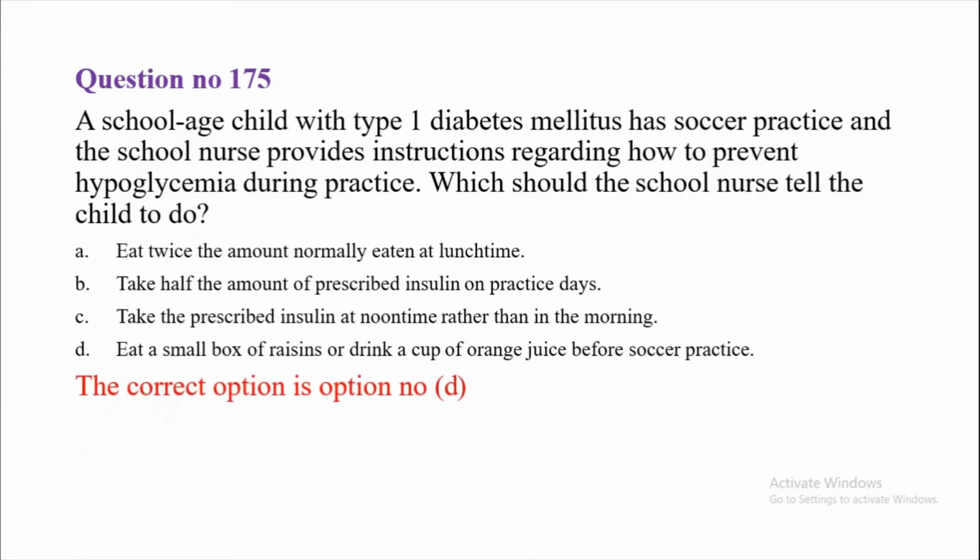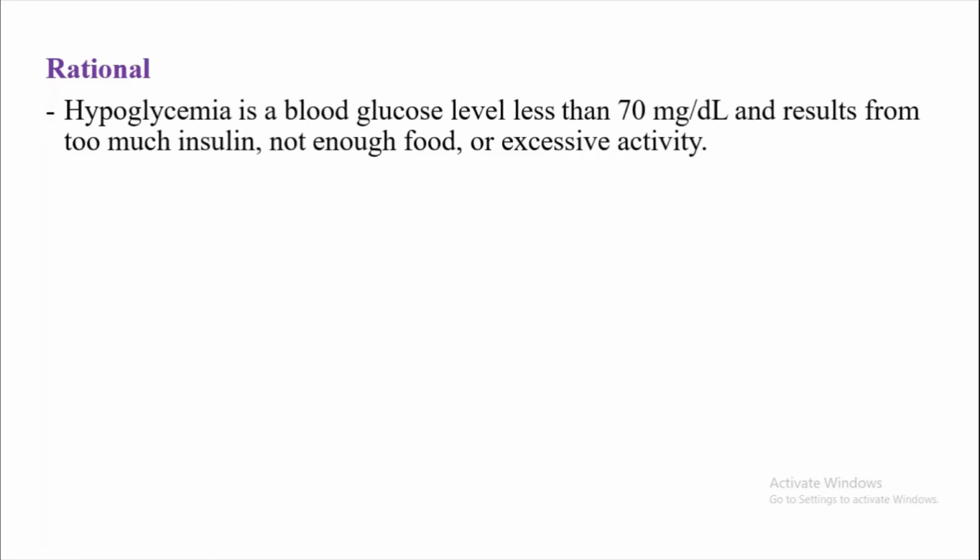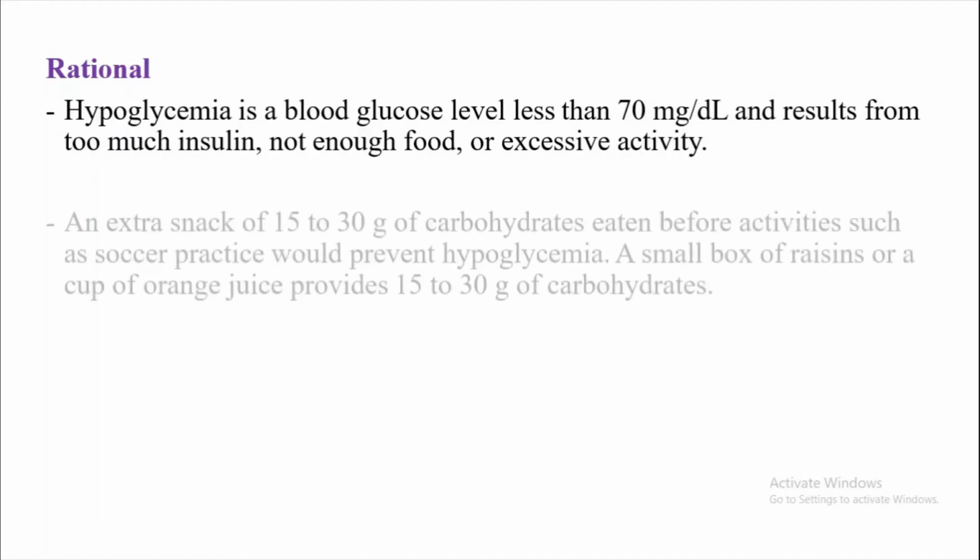The correct option is option number D. Eat a small box of raisins or drink a cup of orange juice before soccer practice. Let's see the rationale. Hypoglycemia is a blood glucose level less than 70 mg per deciliter and results from too much insulin, not enough food, or excessive activity.